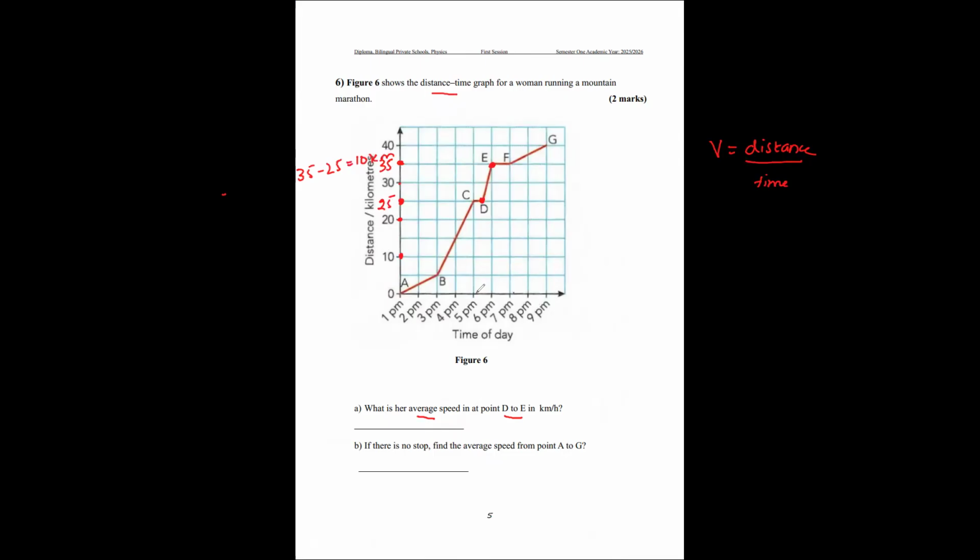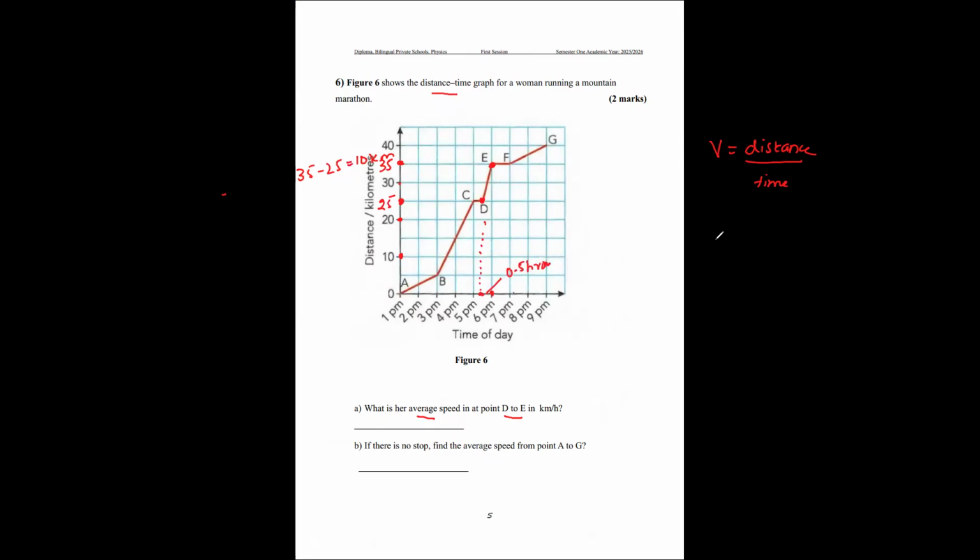What about the time? So here we see that at point E, the time is 6 p.m. And this time is actually in between 6 and 5. So from time, here is approximately 30 minutes. So 30 minutes is actually 0.5 hour.